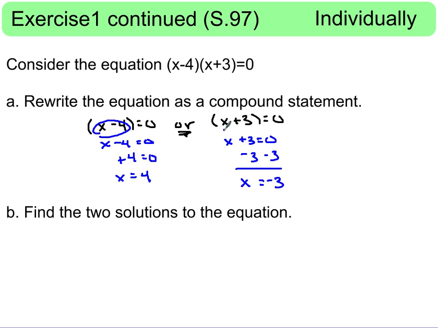And so if I had put a negative 3 into this x, then negative 3 plus 3 would equal 0. So what are the two solutions in this design? X equals 4 or negative 3 would make this particular equation completely go to 0, which is, again, the whole purpose of this lesson, lesson 17.